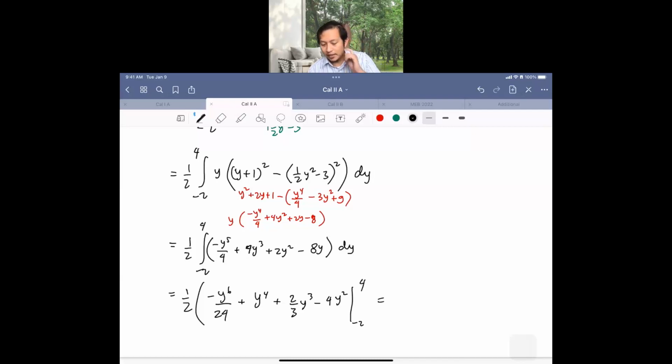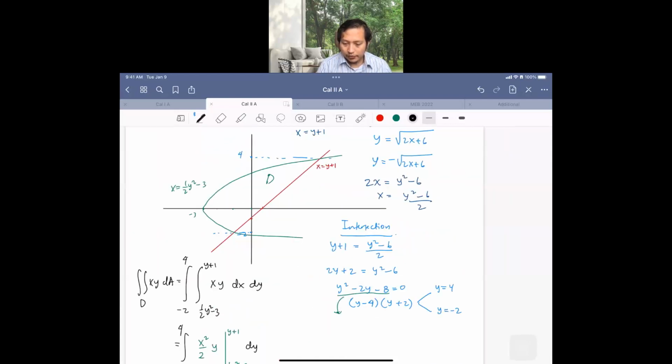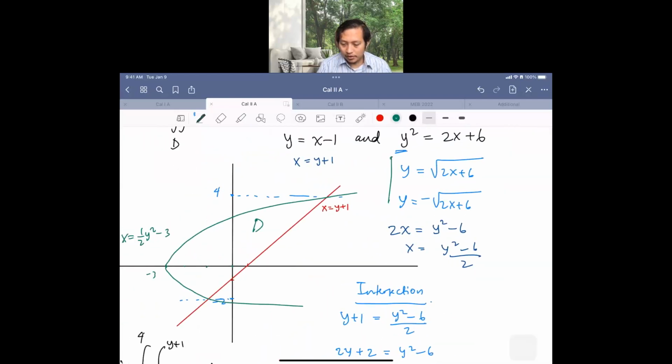Again, at the last step here, I think you can do it with calculators to get the answer directly. Okay, then if we look back, if we are using this function of x, actually we still can solve.